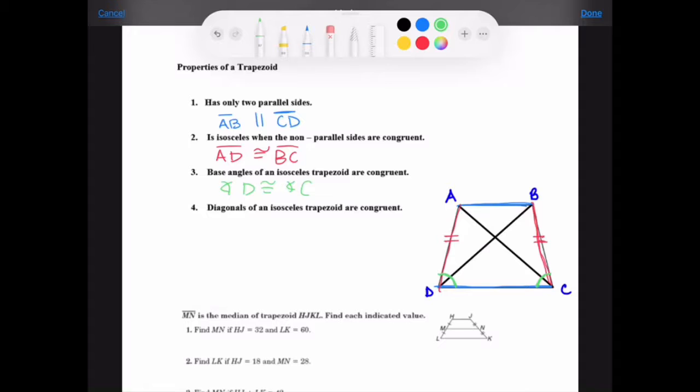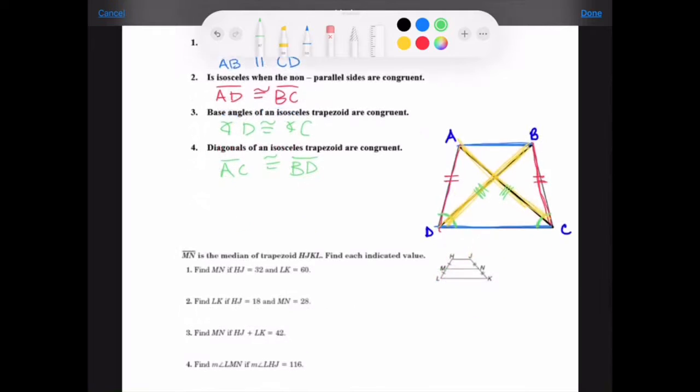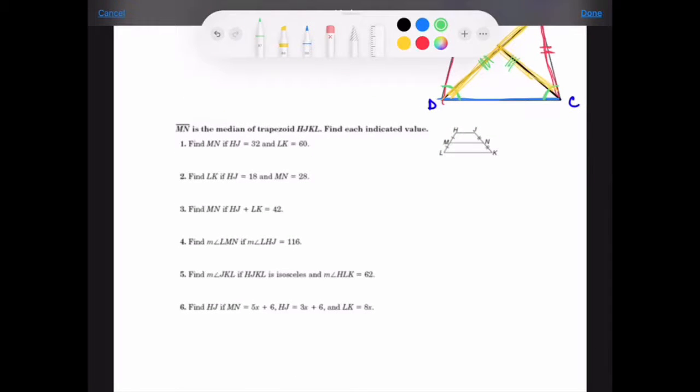So here our diagonals are DB and AC, and we know that those are congruent to each other, so AC is congruent to BD. And remember, that only applies to isosceles trapezoids and their diagonals, okay? Let's move on to the next section.